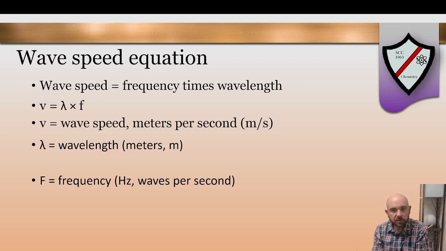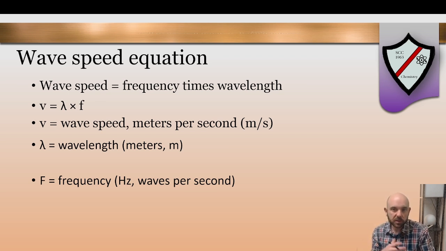So wavelengths are always a measure of distance, and we're always going to measure them in meters. Finally, frequency will often have the units hertz, and hertz just stands for per second. Remember, frequency tells us how many waves pass a point per second. So if we know how many waves pass a point per second, and we know how long those waves are, we can figure out the wave speed.